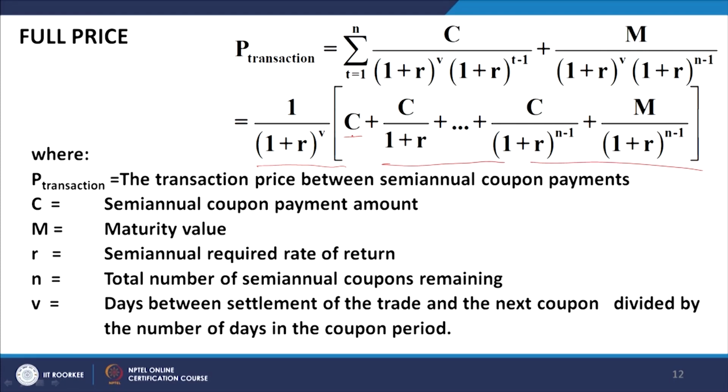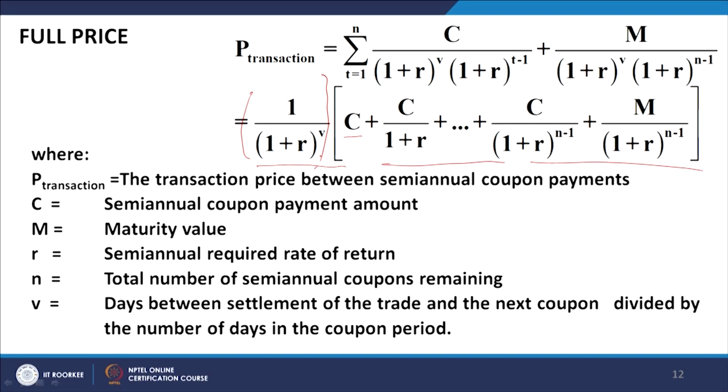Therefore, I repeat, the value that is arrived at in the expression in the square brackets is equal to the value of the bond immediately before the next coupon payment, and this value is then discounted back for the period which is remaining to the next coupon payment by the factor that appears before the brackets, which I have encircled in the round brackets.